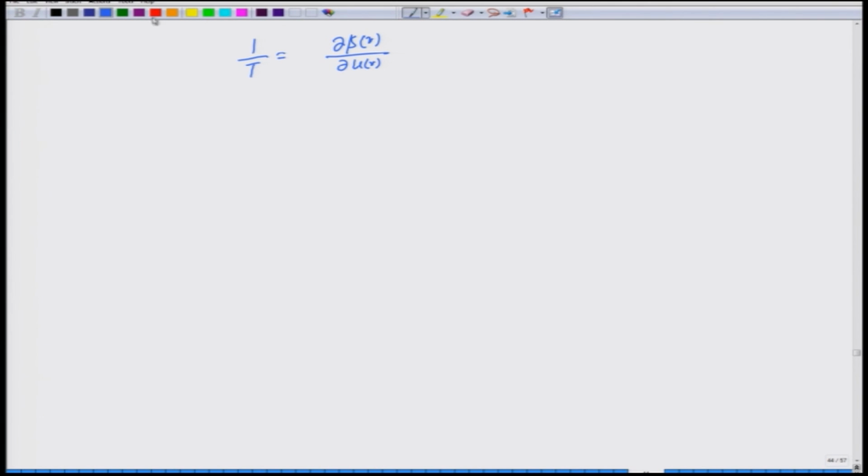Now, from Wien's formula, we have u nu equal to some alpha e raised to minus beta nu over k T, and there is a nu cubed.